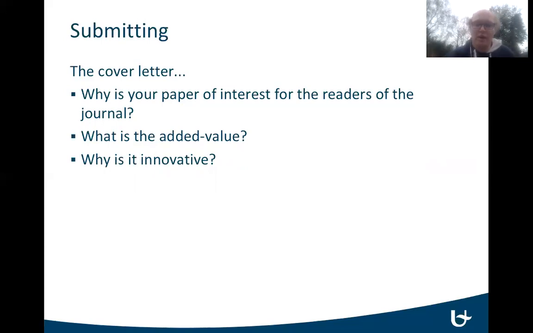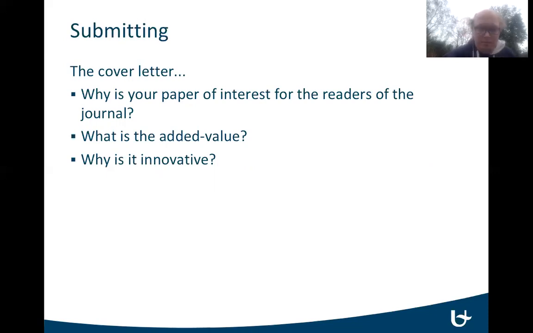So you usually can add a cover letter. And in this letter, you can say why your paper is of interest for the readers of the journal, what the added value of your paper is, and why your paper is innovative for this specific community. So it's wise to spend some attention to this, because editors need to choose whether they will send your paper to other reviewers, or whether they will save the time of these reviewers and reject your paper immediately.